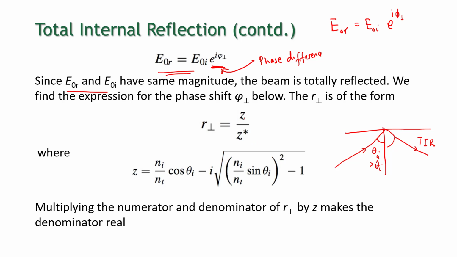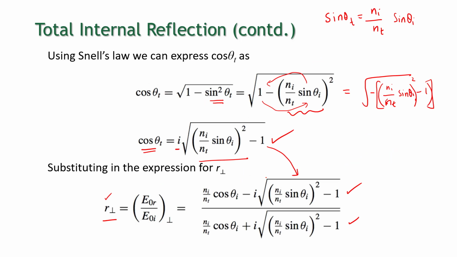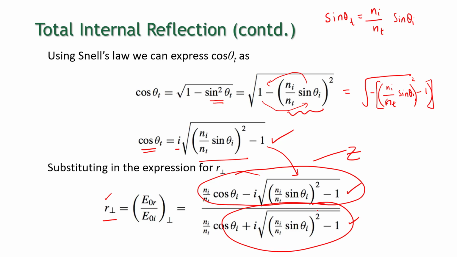So we saw that this R perpendicular has this form, this ratio of a complex number with its complex conjugate, where this is Z, because that's what we have here, right? So we are considering this to be Z, and this thing is Z star, the conjugate of that.